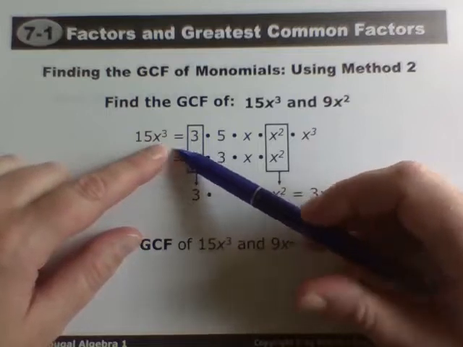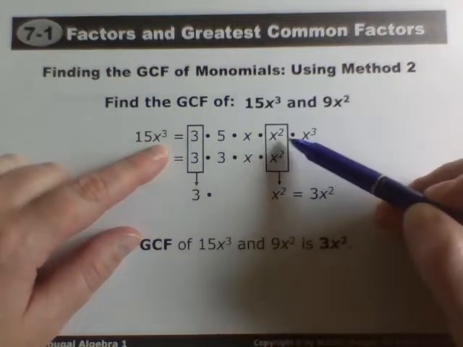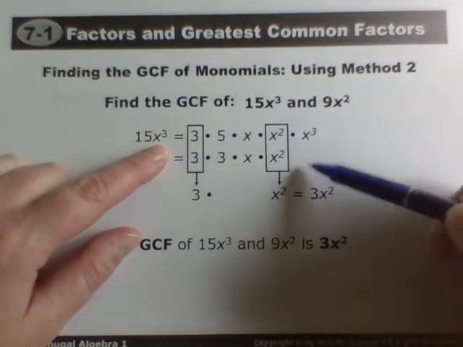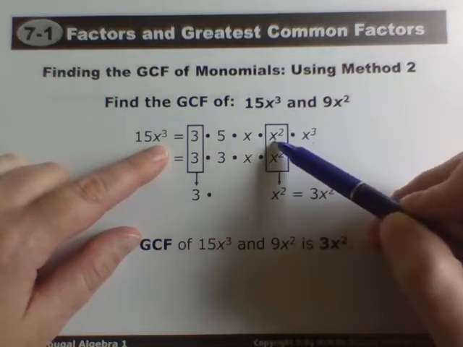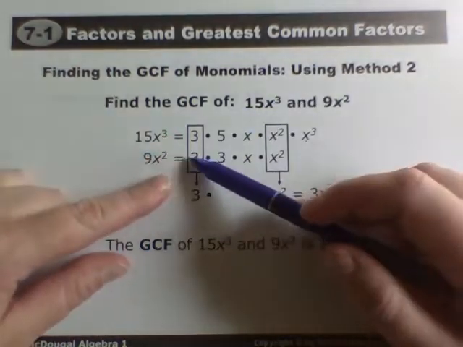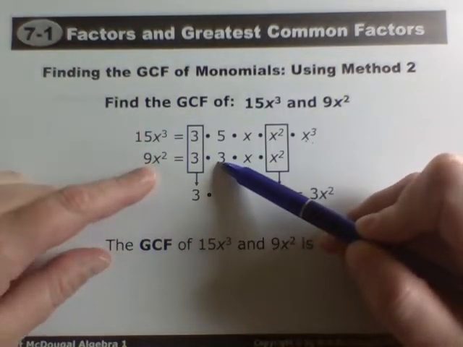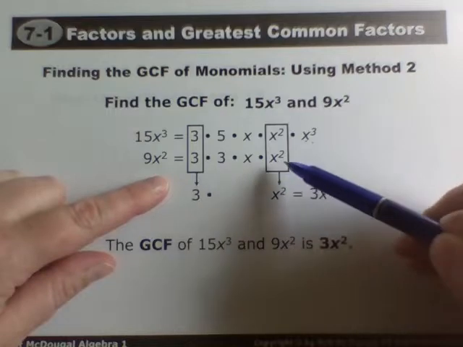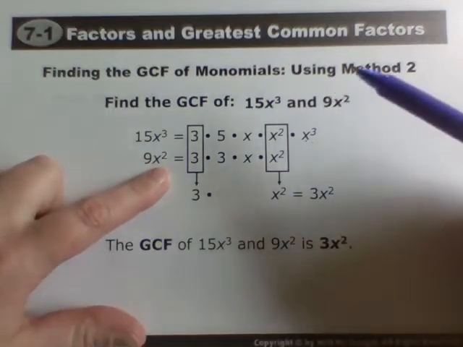And then x can be broken down into either x times x squared or x cubed. In 9x squared, 3 times 3 makes your 9. And x or x squared could be the factors of x squared.